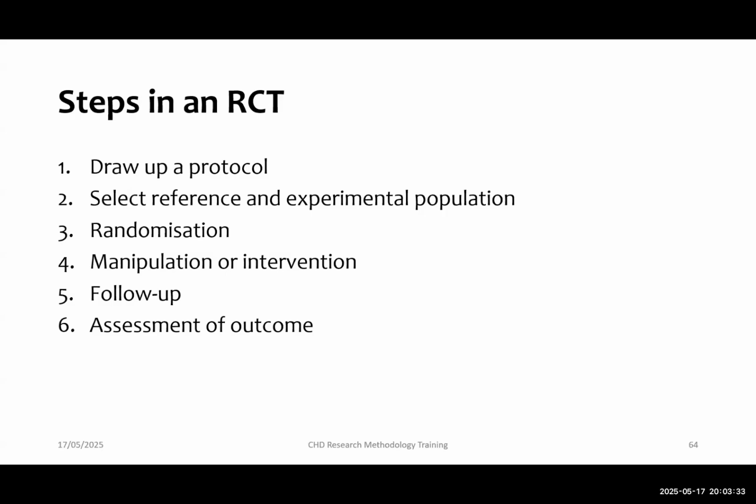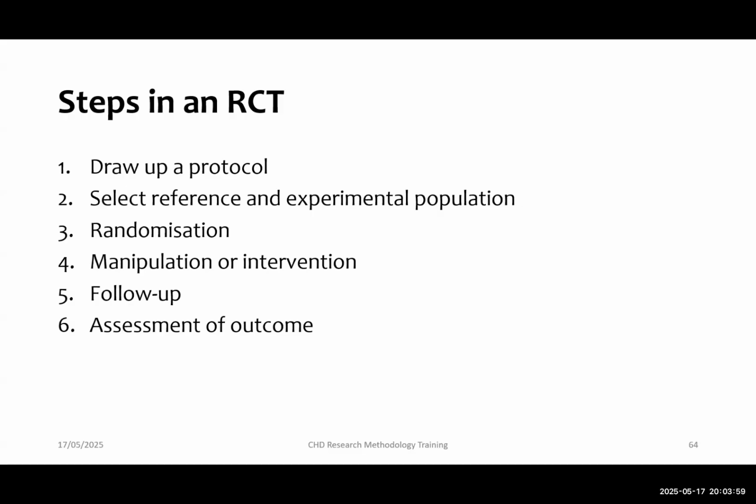Then you give the intervention to one group, follow them up over time, and assess the outcome measure. So assuming it's a drug, you want to test the effectiveness of a drug against a placebo, or the effectiveness of a new drug against an old one that is the standard of care.